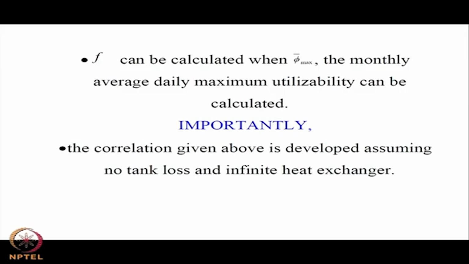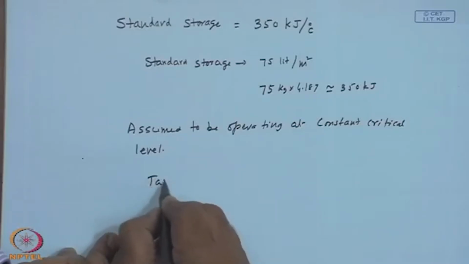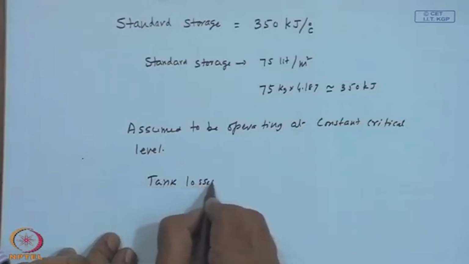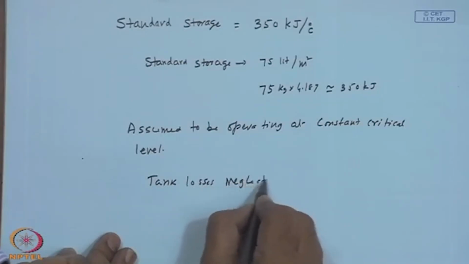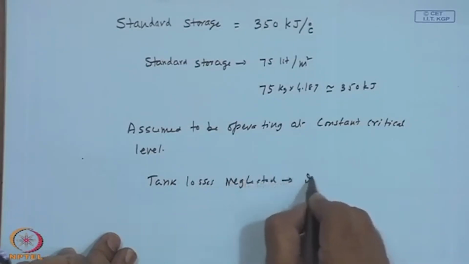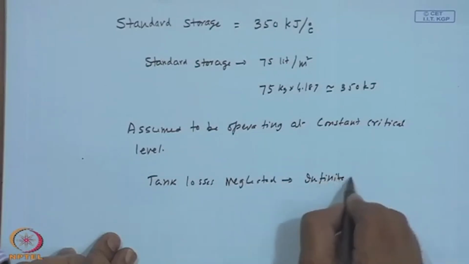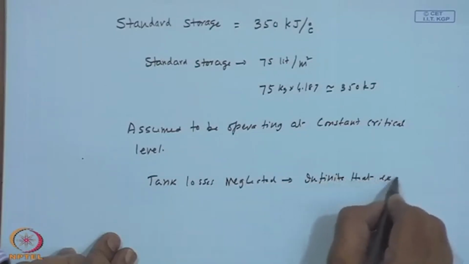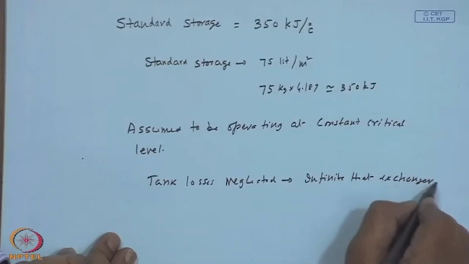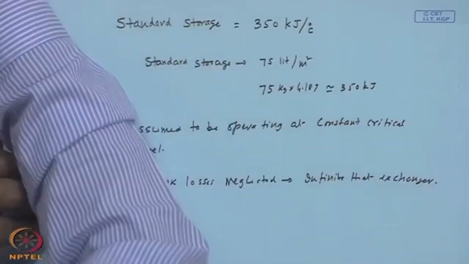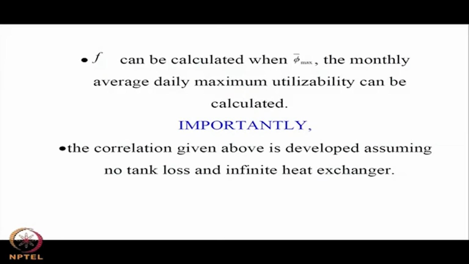Only correction for the size of the heat exchanger was there, because it was explicitly developed for different values of epsilon C minimum by UAH, whereas in this case as such, tank losses are neglected, and an infinite heat exchanger is assumed. In other words, there is no delta T required in the heat exchanger. So, we shall stop now and continue with it in the next class.